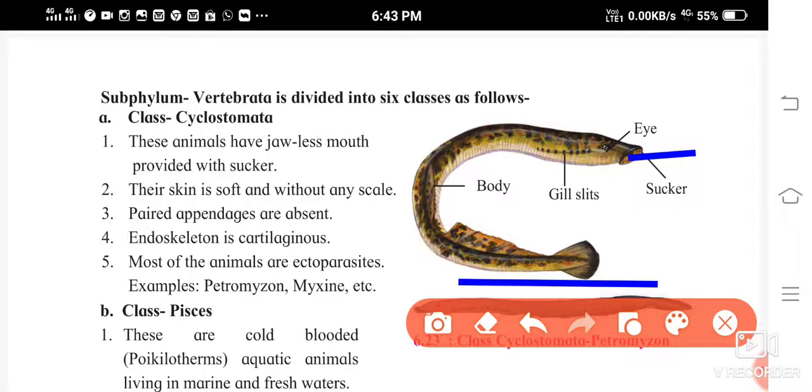They depend on the host for their food, but they do not live inside the host, they live outside the host. That is why they are called ectoparasites. Examples are Petromyzon and Myxine.